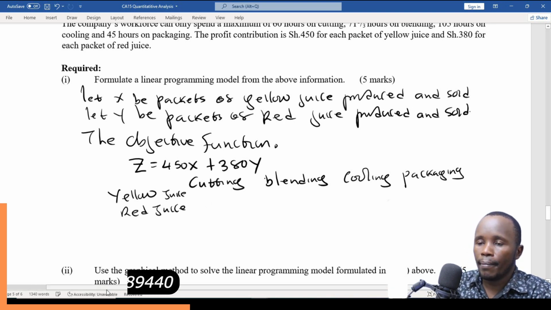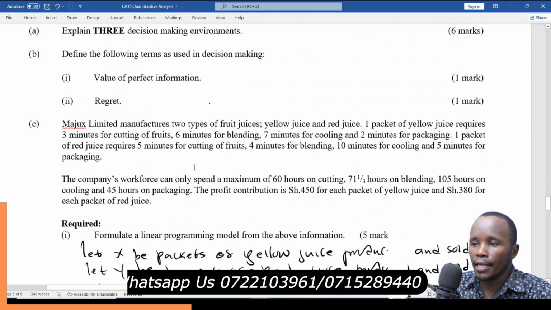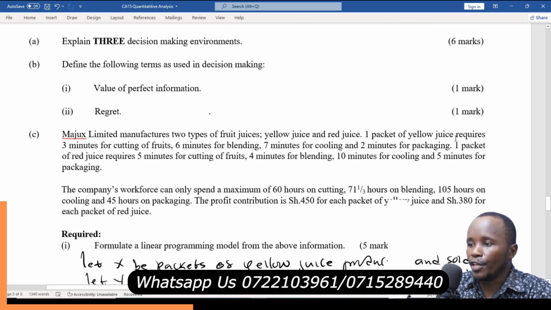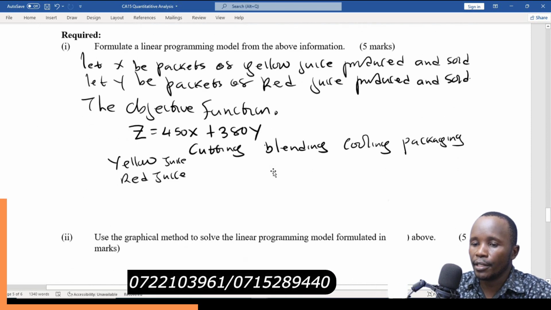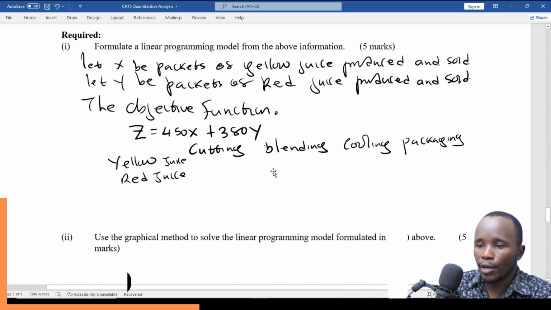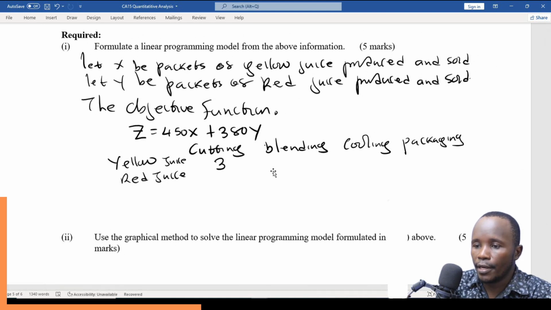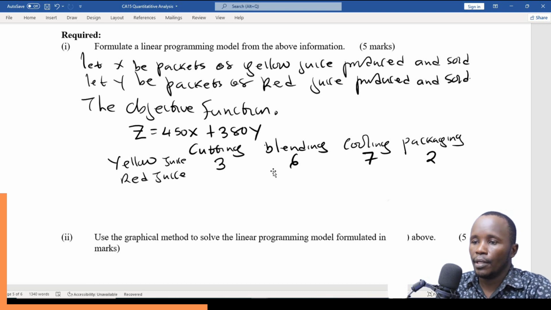You are told in the question that 1 packet of yellow juice requires 3 minutes of cutting, 6 minutes of blending, 7 minutes of cooling, and 2 minutes of packaging. So yellow juice requires 3 minutes cutting, 6 minutes blending, 7 minutes cooling, and 2 minutes packaging.